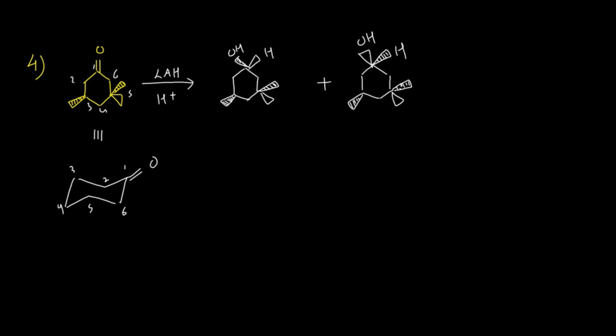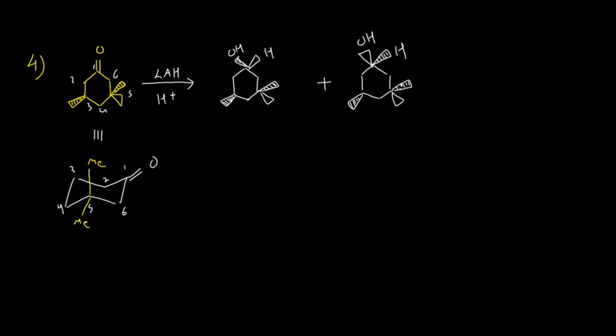Your carbon number 5 has two methyl groups, one alpha below the plane and the second beta above the plane. So I can write my methyls like that. At carbon number 5, this is my first Me, and then my equatorial one, this is Me.